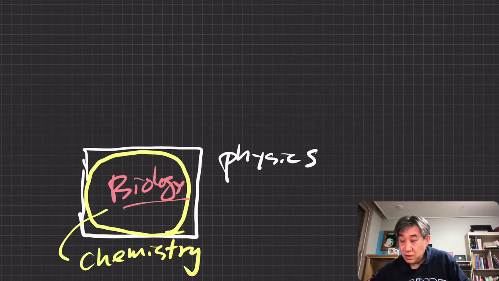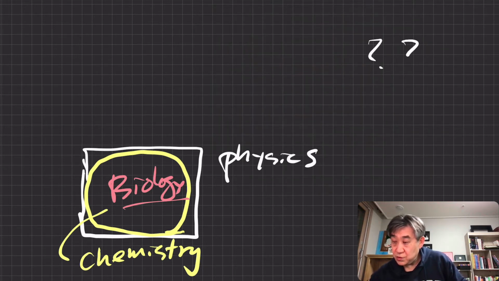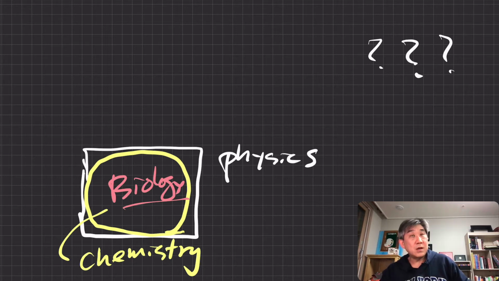But out there, a huge unknown, a huge unknown out there, including the universe. Although present-day modern physics has made tremendous progress, there are still so many things that modern physics cannot even attempt to explain.